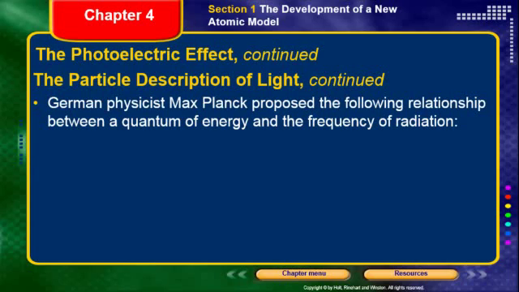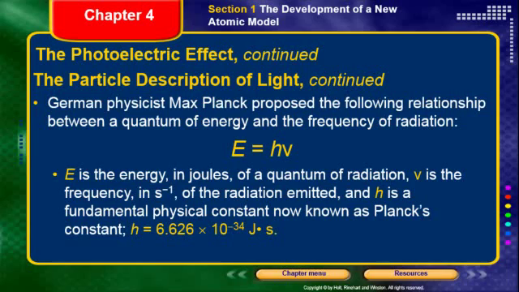The German physicist Max Planck proposed the following relationship between a quantum of energy and the frequency of that radiation, or of that light: capital E is equal to h times nu, or Planck's constant times frequency, where E is the energy measured in joules of that quantum of radiation, nu is the frequency, again measured in per seconds, of the radiation emitted, and h is a fundamental physical constant, which we now know as Planck's constant.